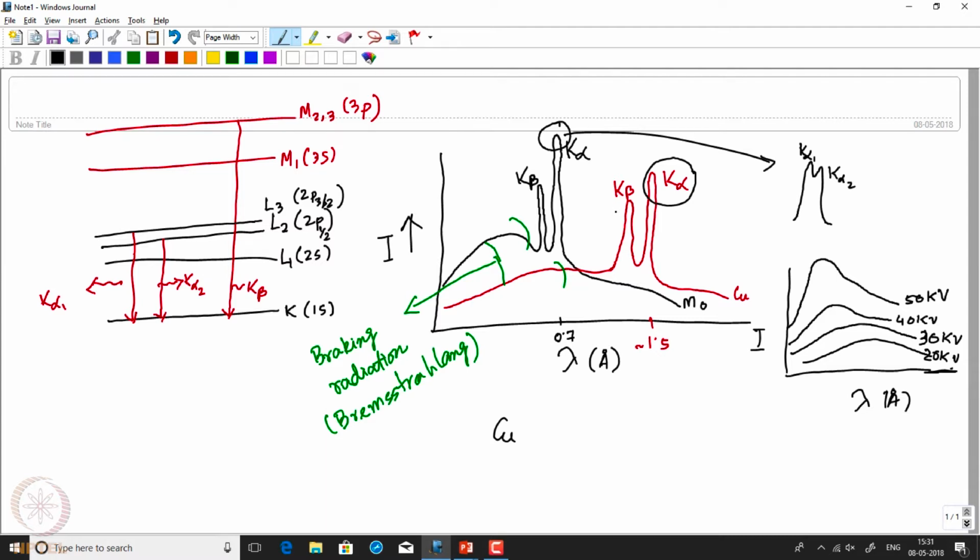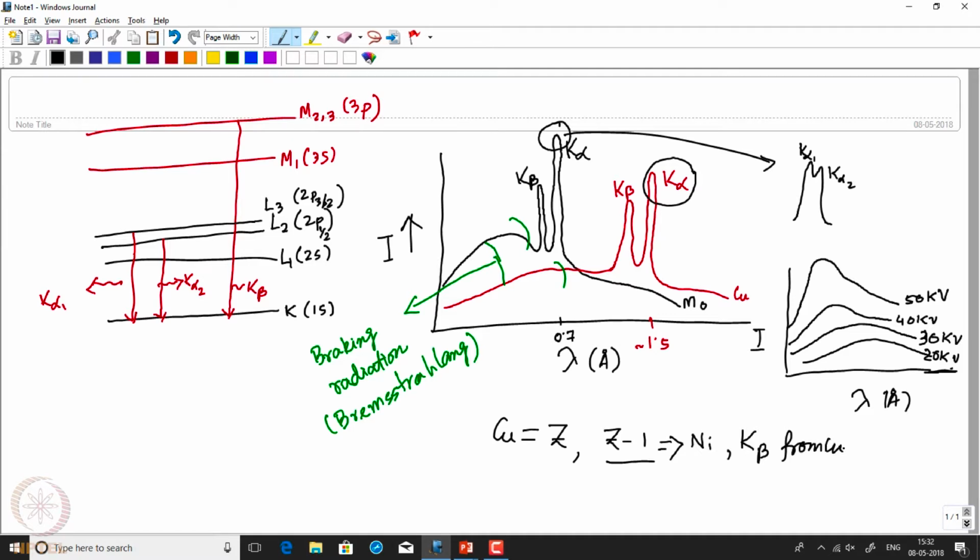So how can one do that? This copper has the atomic number Z, and if we use the element which has atomic number Z minus 1, that particular element turns out to be nickel. This nickel can be used as a filter which will eliminate the radiation of K beta from copper.